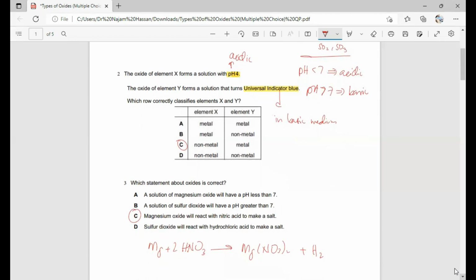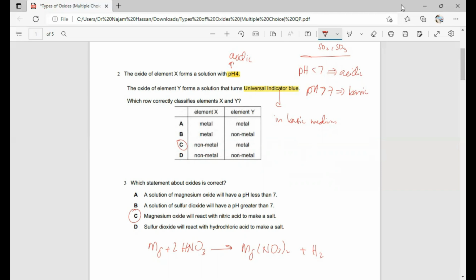Now in question number 3, which statement about oxides is correct? Obviously, magnesium oxide is a base, and a basic compound cannot give a pH less than 7.